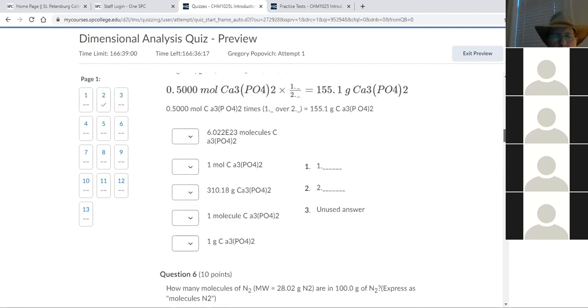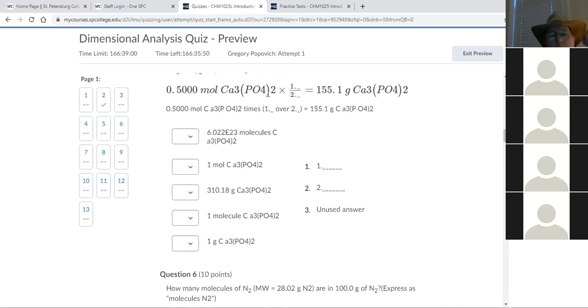We're going to go down to this one. We have half a mole of calcium phosphate, and I want to know how many grams that is. What's my choice for putting in position 1? 1 gram? What's 1 gram going to be equal to?